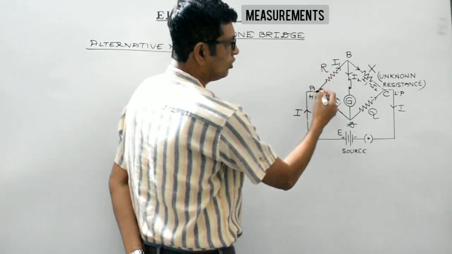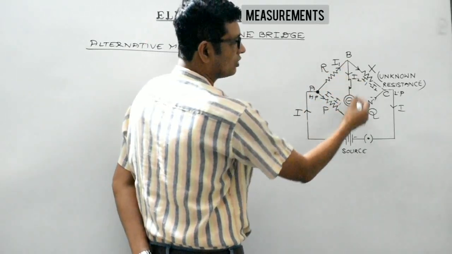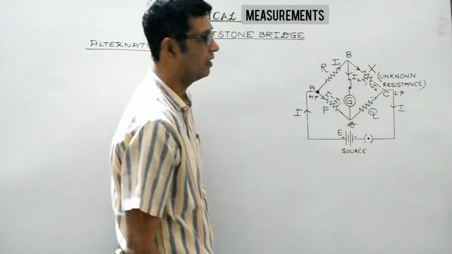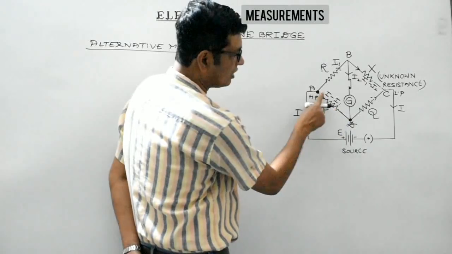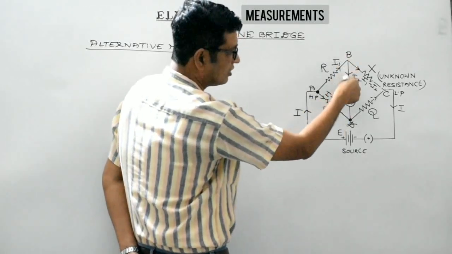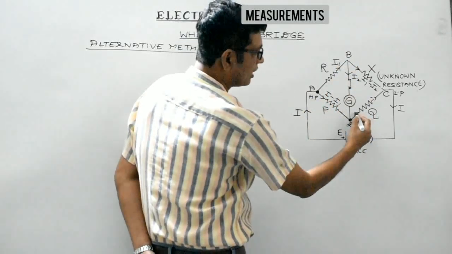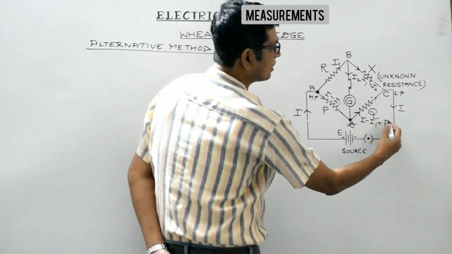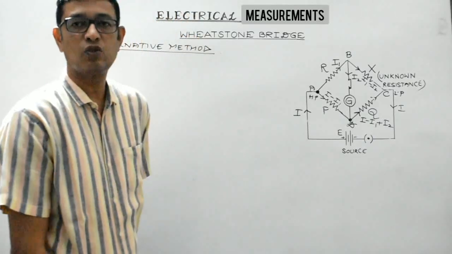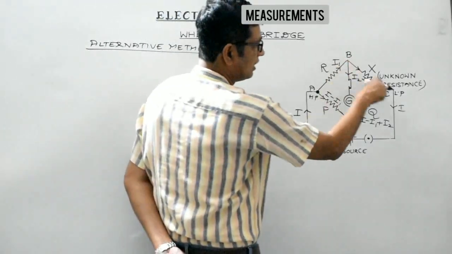Again, apply the junction rule. Sum of the current entering the junction is equal to the sum of the current leaving it, right? So, this will be the junction. Current entering this junction is I minus I1. Current entering this junction from this branch is I2. So, the current leaving this junction would be I minus I1 plus I2. Correct, students? Now, these are the currents entering.